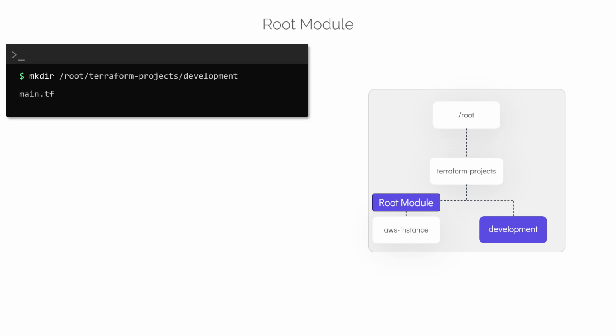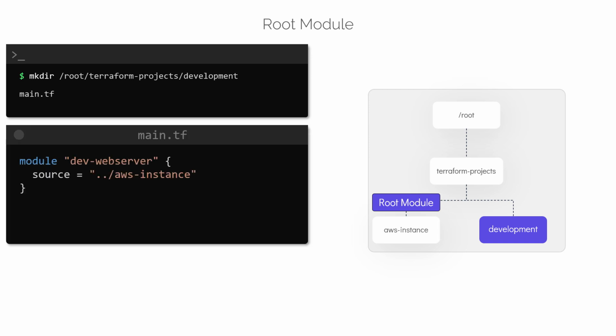Now, instead of writing the configuration for creating the dev AWS instance from scratch or copy and paste the code, we can use a module block to use the code which is already inside the AWS instance directory. To do this, inside the development directory, create a configuration file containing a module block like this. Within this module block, we can provide the path to the local AWS instance directory, which contains the actual Terraform configuration to create the EC2 instance.